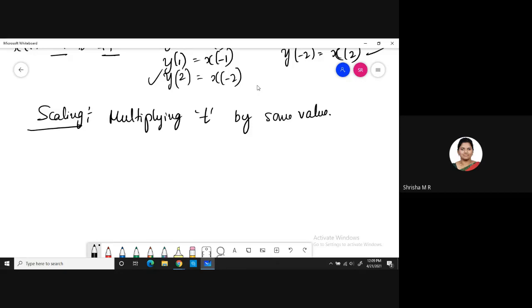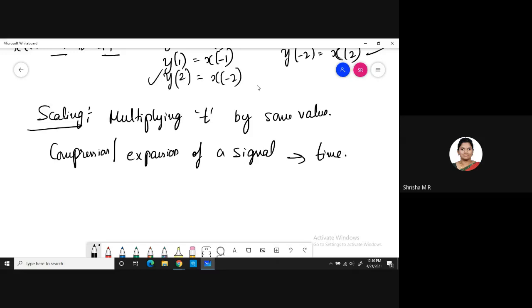So if we multiply your time t by some value, you'll have compression or expansion of a signal with respect to the time axis. We shall see when we have compression and when we have expansion of a signal.